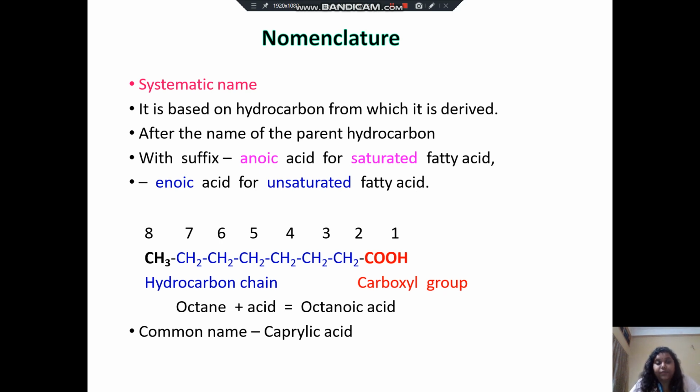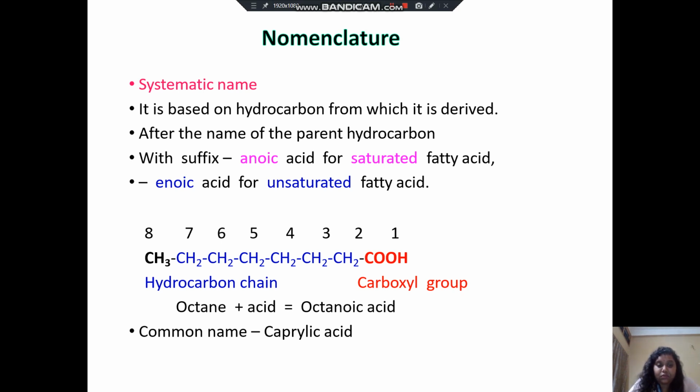Now the nomenclature of fatty acids. The suffix anoic is for saturated fatty acids, and enoic is for unsaturated fatty acids.